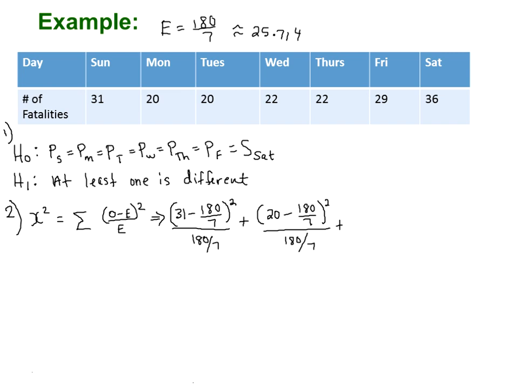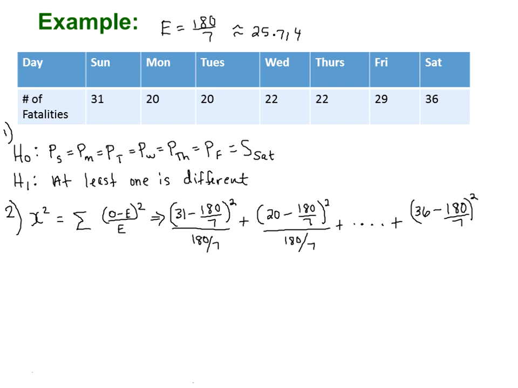That was Sunday, Monday, and you do it again for Tuesday, Wednesday, Thursday, Friday, and the last one I'm going to write here is Saturday. The observed value for Saturday is 36, and our expected frequency is the 26, which I'm writing as a fraction, 180 over 7. Remember that it is going to get squared.